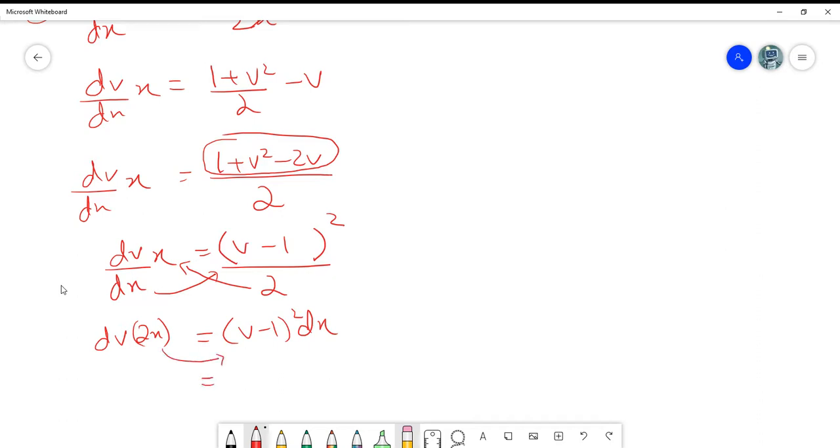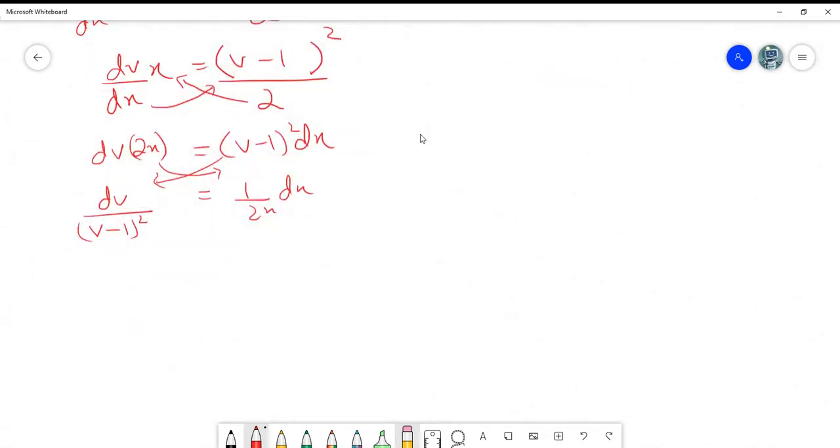Let's bring 2x on this side and v minus 1 squared on the other side. So we were left with 1 over 2x times dx and dv over v minus 1 whole squared. All we need to do now is rewrite this as 1 over v minus 1 whole squared dv equals 1 over 2x times dx. Now let's integrate these two.